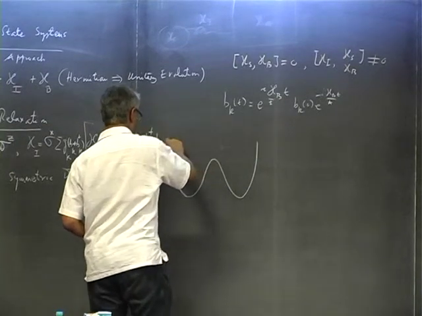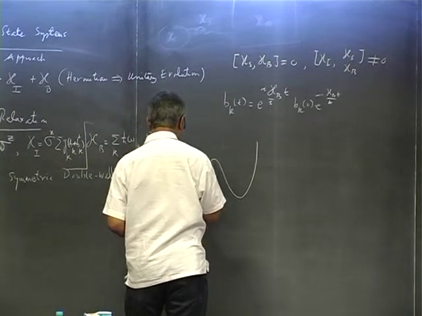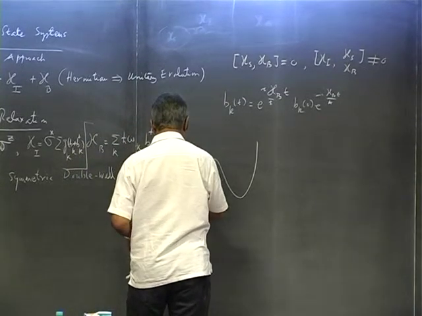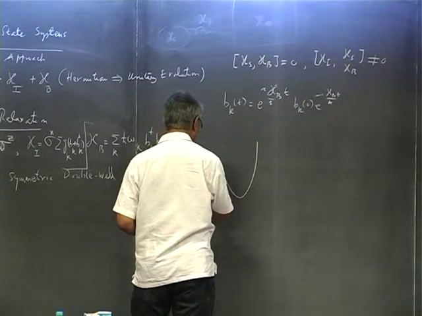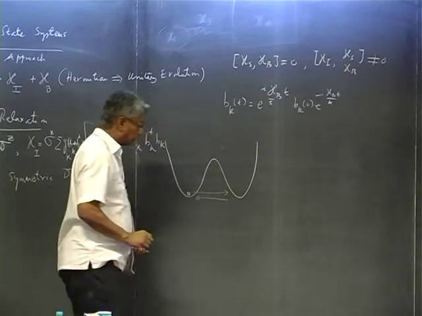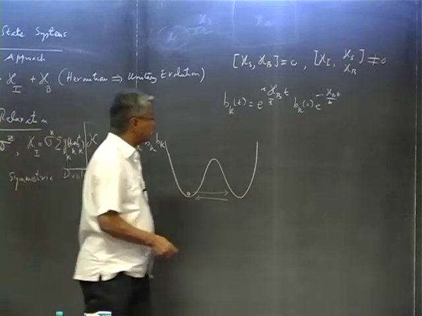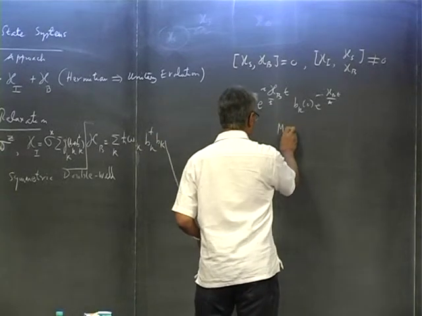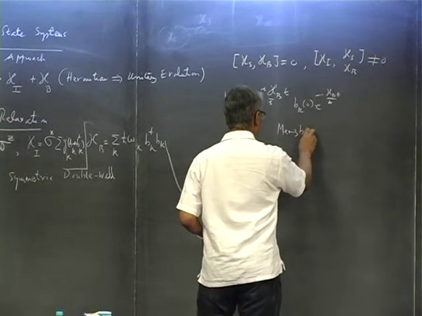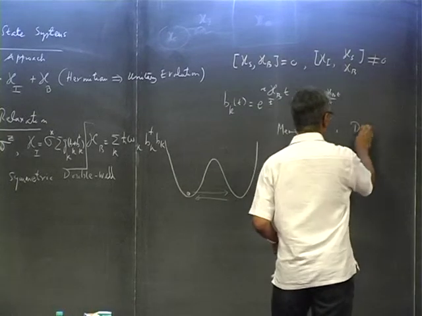Here is a symmetric double well. And if you leave a particle here, then that will keep tunneling back and forth. Actually, if you look at the book by Messiah, he does in detail a problem called a double oscillator.